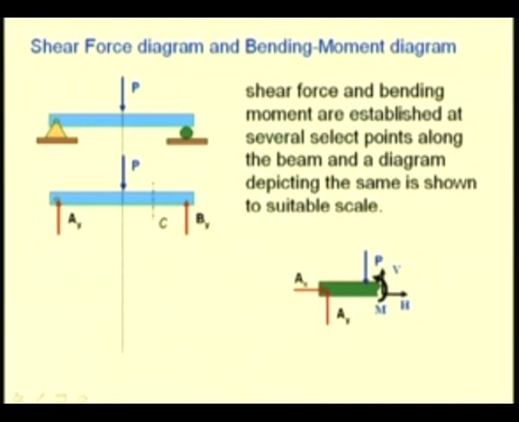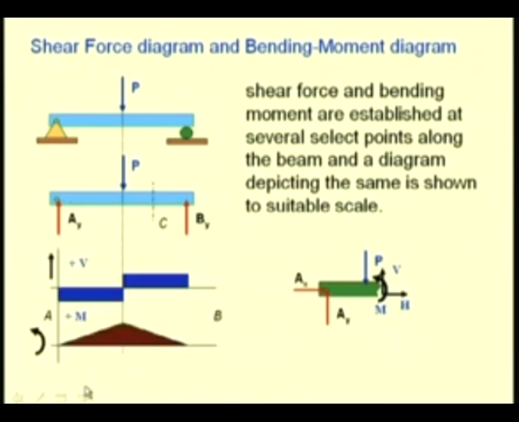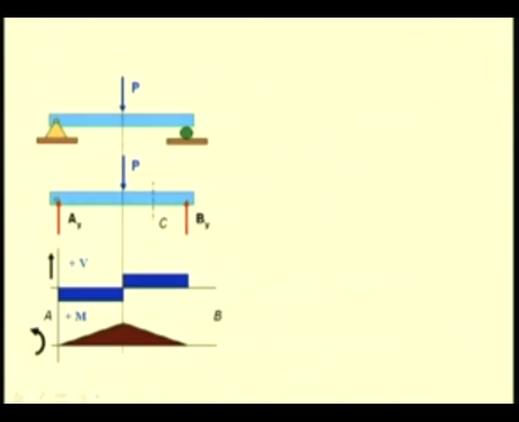And as we move this section, we get the shear force and bending moment along the beam, and the same is depicted as a diagram. So, this diagram shows the shear force variation from A to B, and this diagram shows the bending moment variation from A to B. Let us see this little more clearly.